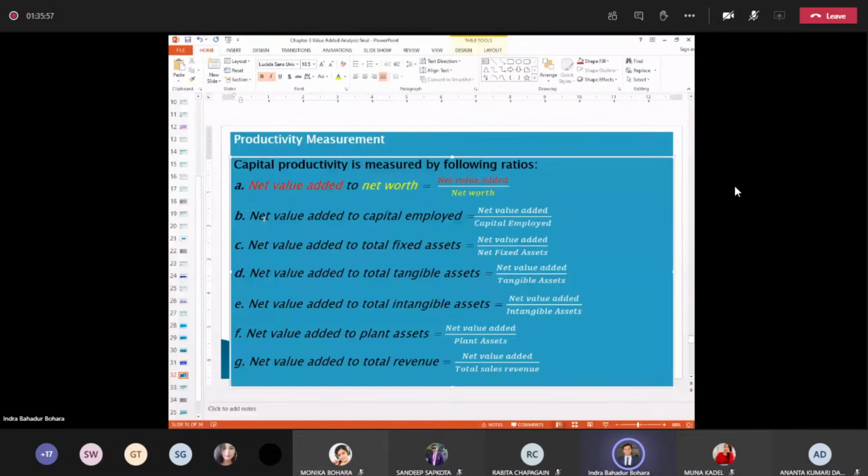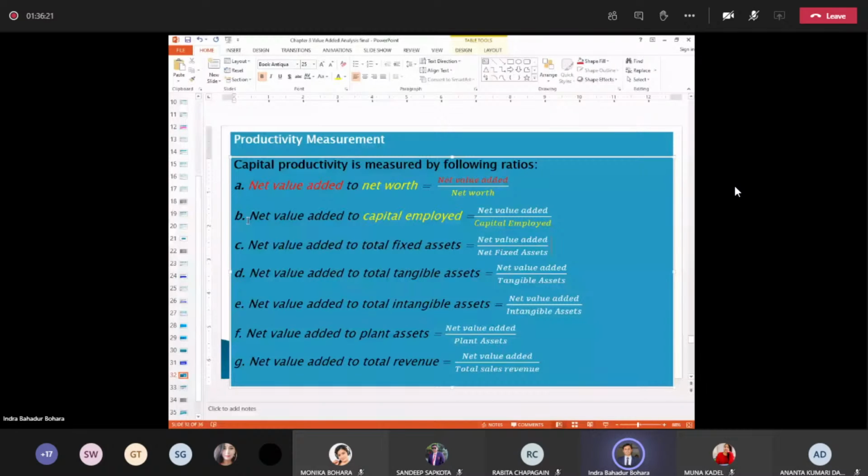Net worth is the long term shareholders capital. Next, net value added to capital employed. The first factor is net value added, so it should be in the numerator, and the second factor is capital employed, therefore it should be in the denominator. Then we can find the net value added to capital employed ratio.